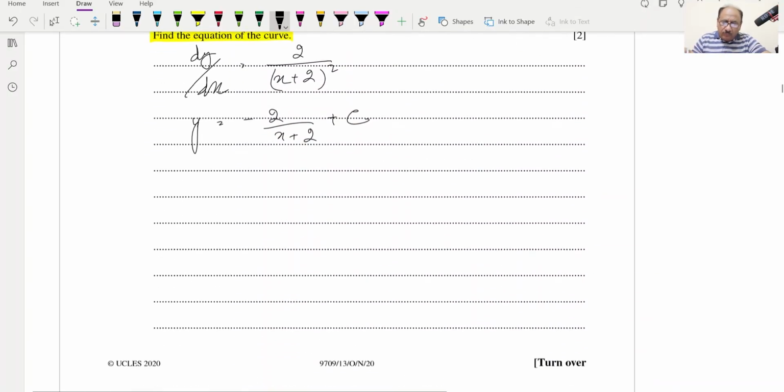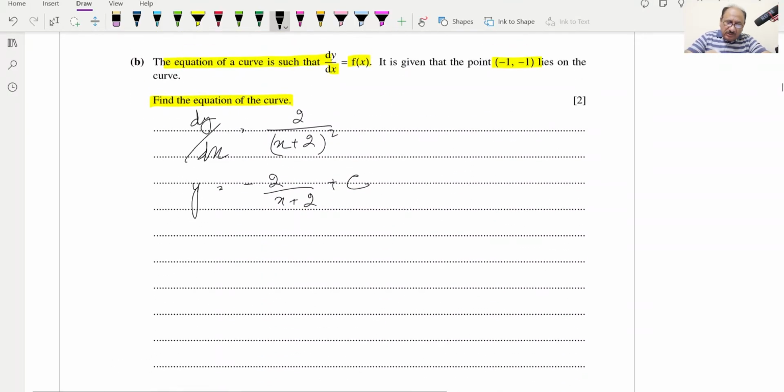So the point is -1, this one, so we'll replace the values with -1 to find the integration constant. So -1 is -2 over (-1 plus 2) plus c, and this implies c is equal to... this will be 2 minus, this will be 2, and it will go to the other side.